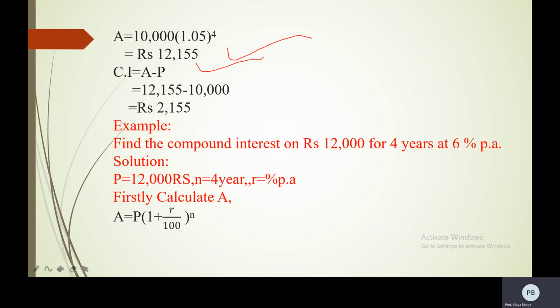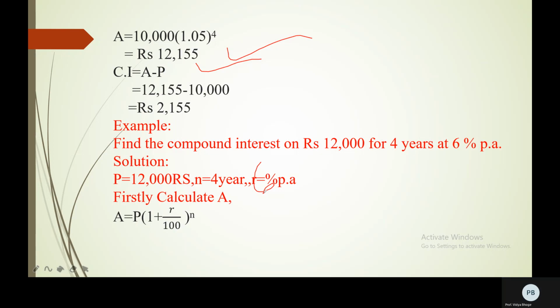Now next example. Find the compound interest on rupees 12,000 for 4 years at 6% per annum. Here P is 12,000, n is 4 years, and R, the rate of interest, is 6% per annum.